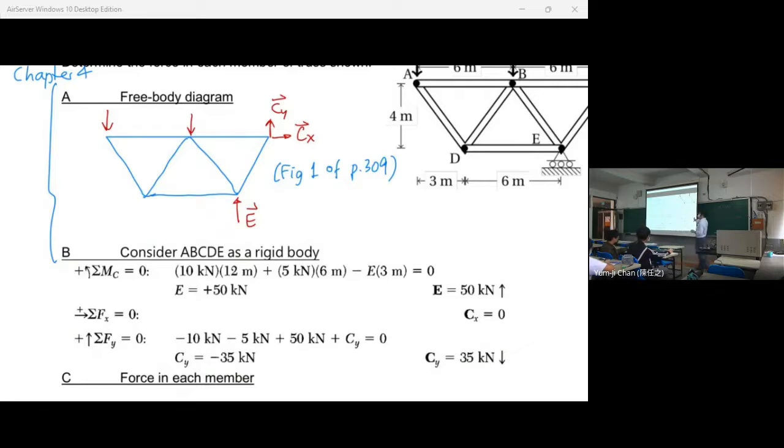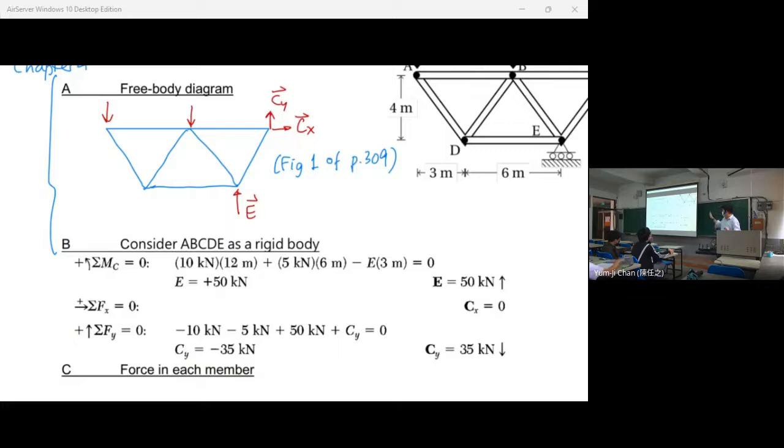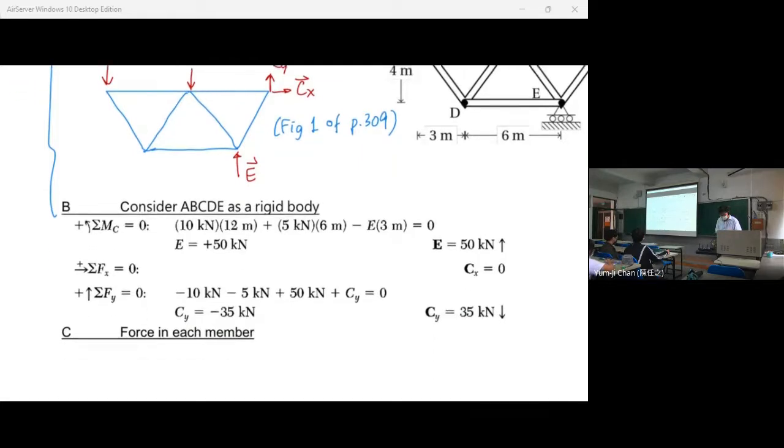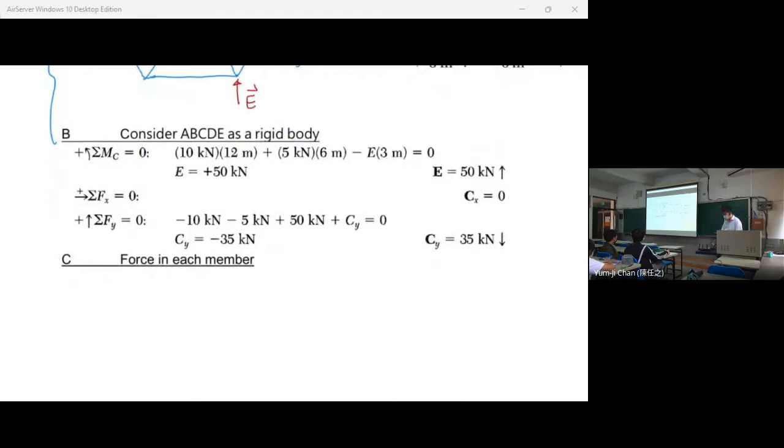I think you can read this by yourself, and if you have homework you can do this yourself. These are the things from chapter 4. If you have not worked on the homework on chapter 4, go home and do it.